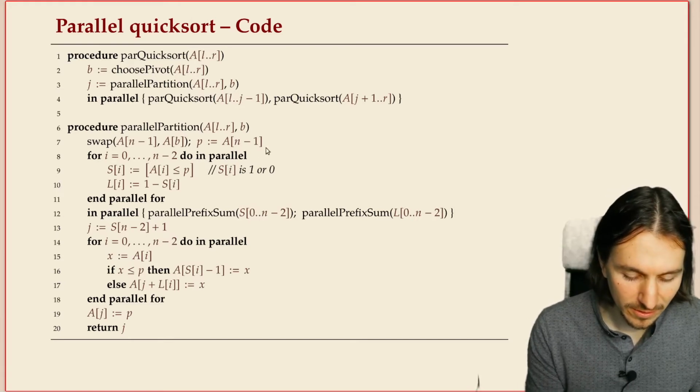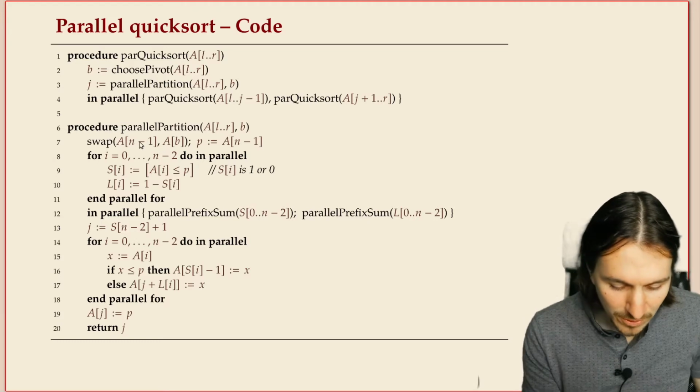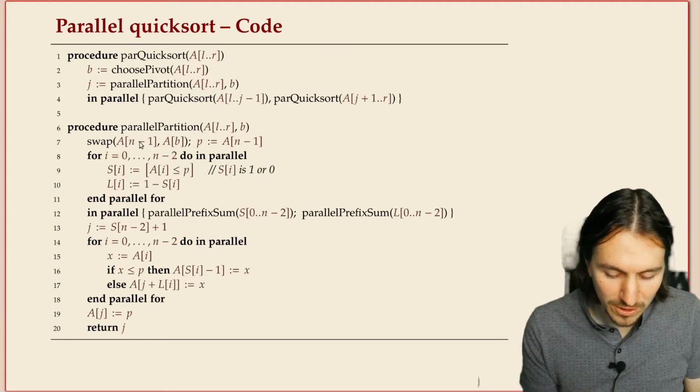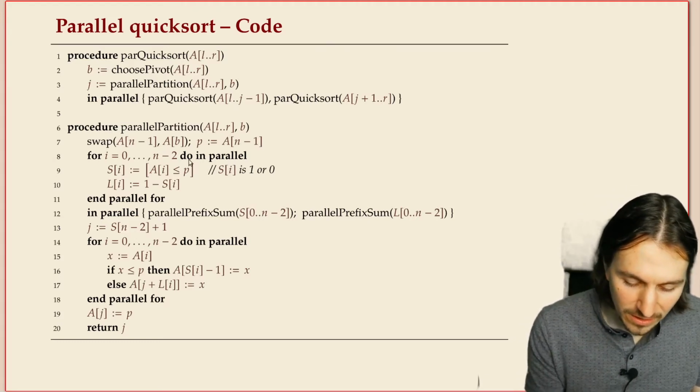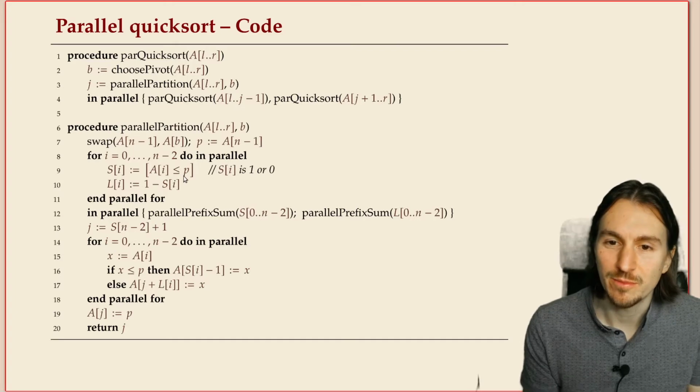And what it does is, it swaps the pivot to the last position here. That turns out to be more convenient. Then in parallel, we do the comparisons. So you compare your element against the pivot.